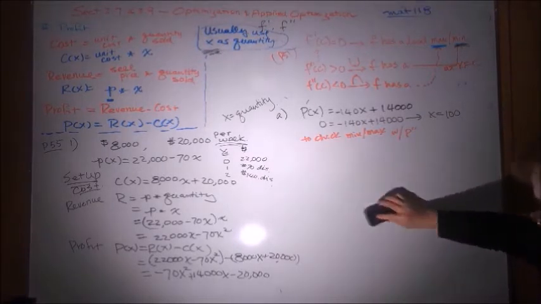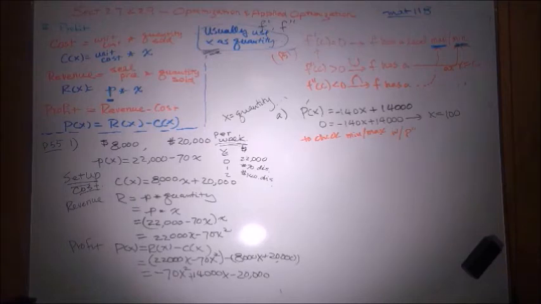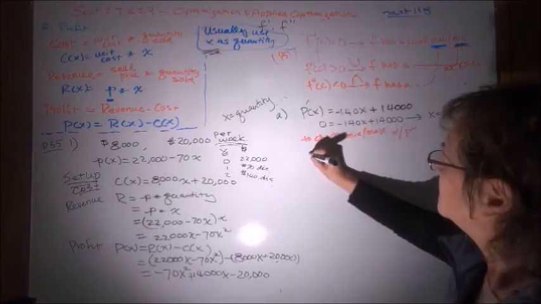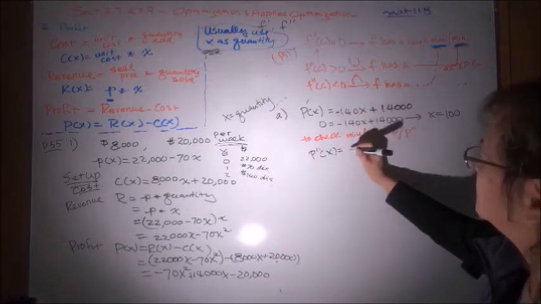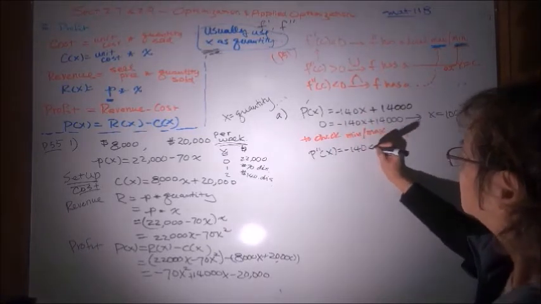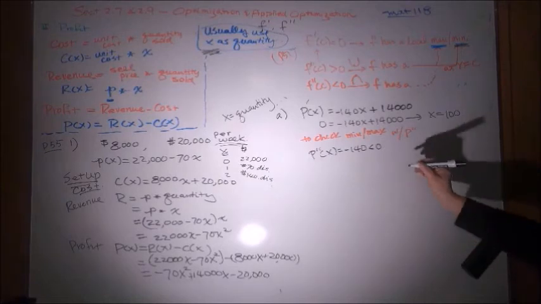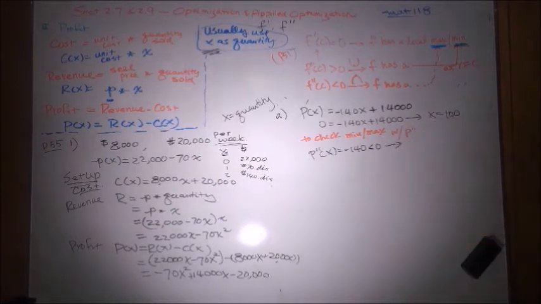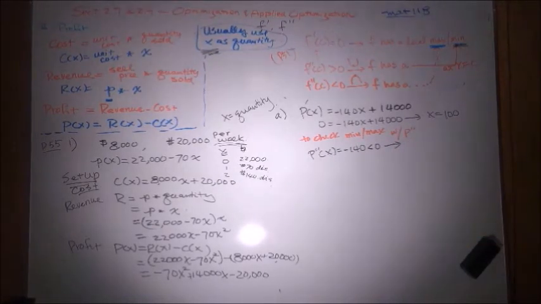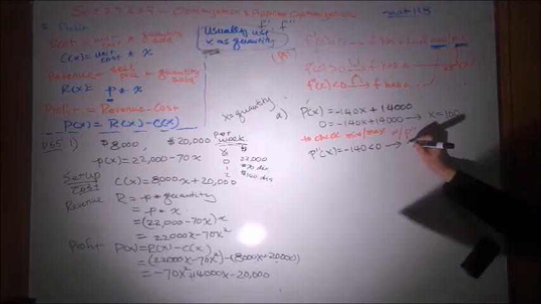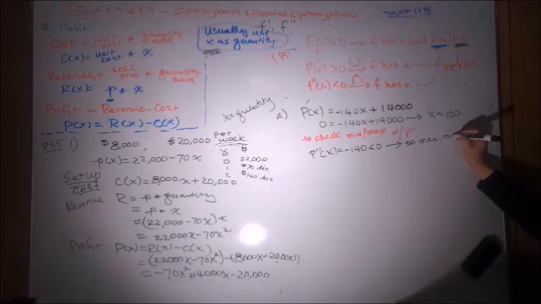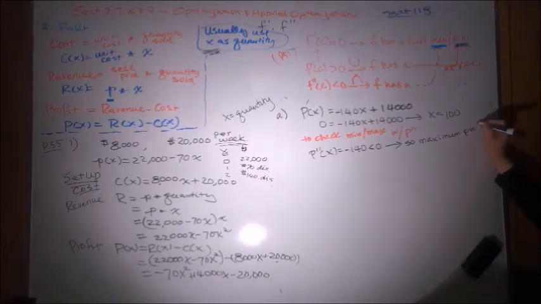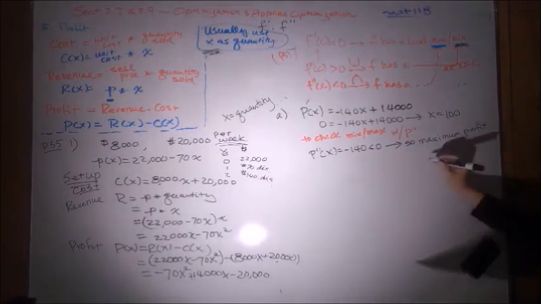So let's do that. Take P prime prime x, that would be negative 140, right? Less than 0. If less than 0, it means what? It means you will have maximum profit, right?